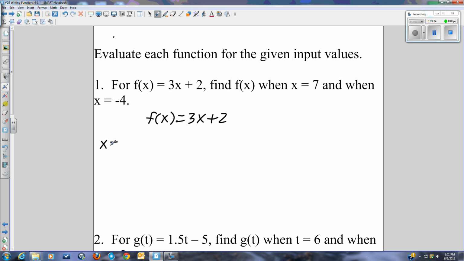So if you want to find out the value when x is 7, in place of x, you're going to put 7. So f of 7 is equal to 3 times 7 plus 2. So f of 7 is going to give you 21 plus 2, which is 23.